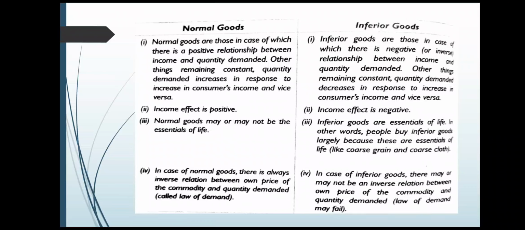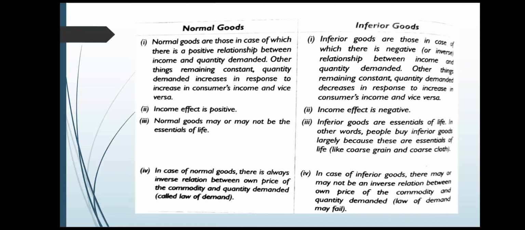Inferior goods are those in case of which there is a negative or inverse relationship between income and quantity demanded. Other things remaining constant, quantity demanded decreases in response to an increase in consumers' income and vice versa. So this is what we saw: there is a negative or inverse relationship between income of the consumer and inferior goods.